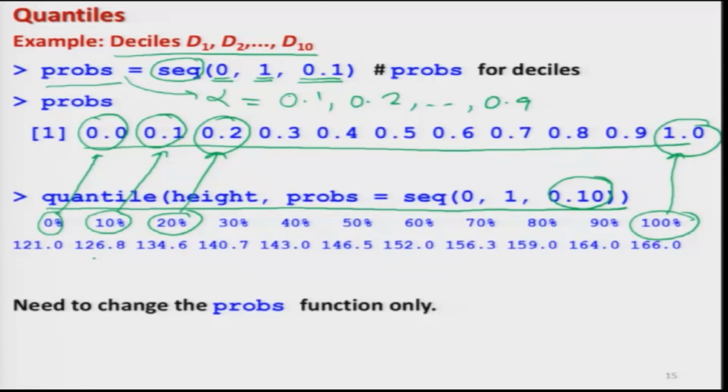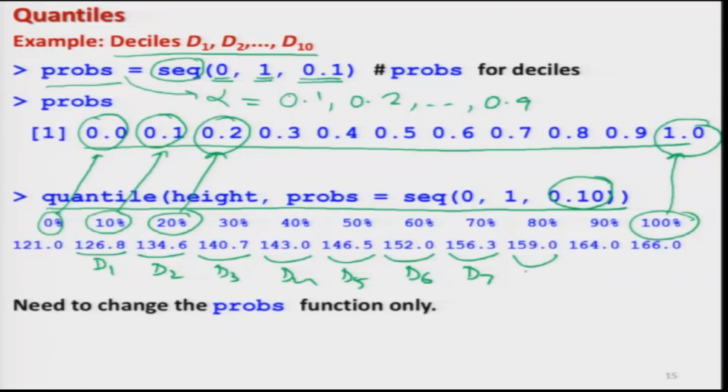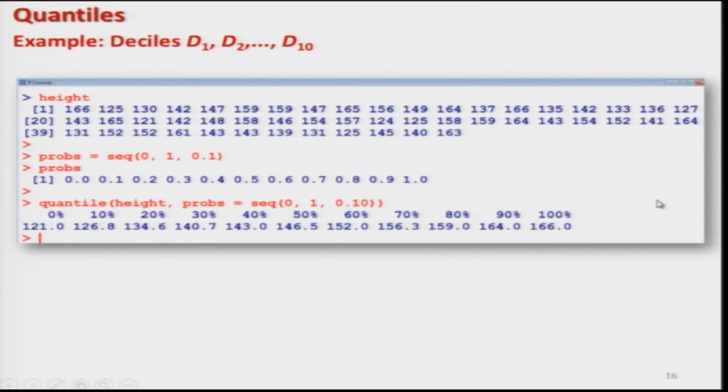And these are the values of D1, D2, up to D10. This is D1, this is D2, this is D3, D4, D5, D6, D7, D8, D9 and D10. Right. So these are the values of deciles, and similarly this is the screenshot.